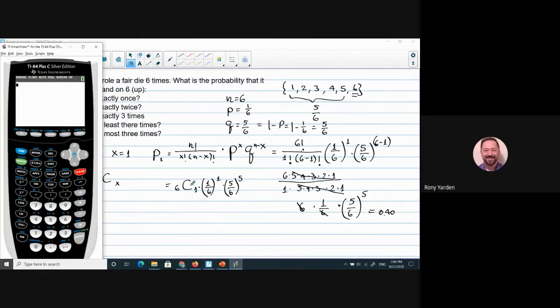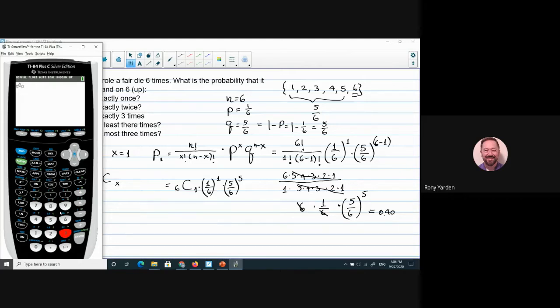To get to this symbol, you have to press Math, and then you're going to have a tab menu up here. You have to choose probabilities. I'm going to move to the right and choose, you see number 3 is NCR. Instead of X, they're using R here, so I'm going to choose number 3. And now it asks me to put the two numbers to the left and to the right.